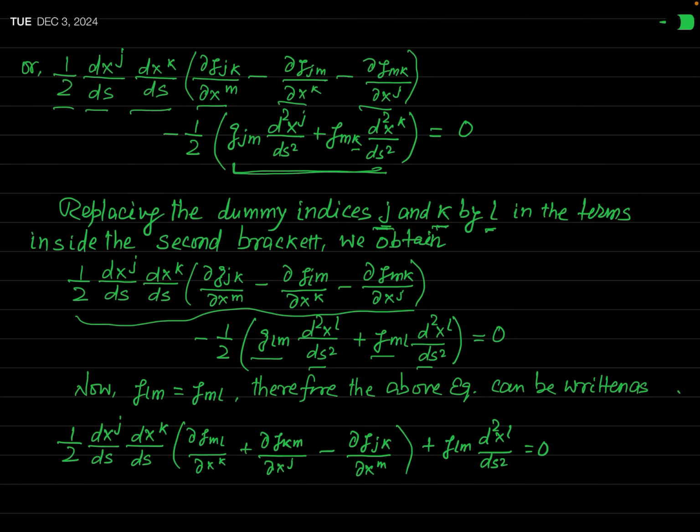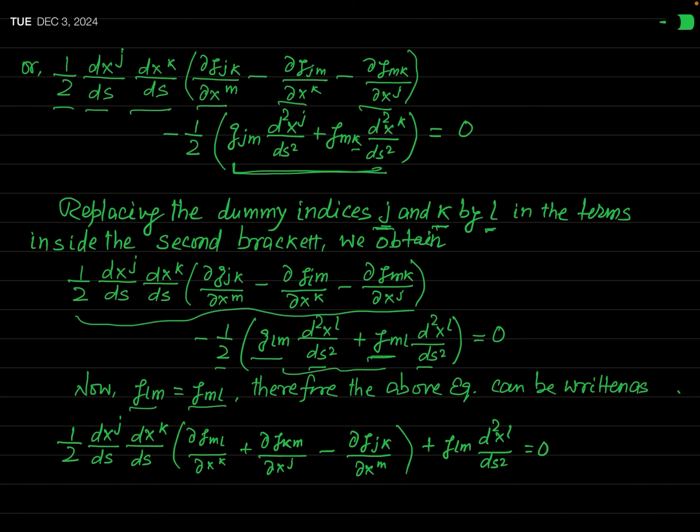But you know, the metric tensor g_lm is a symmetric tensor. So utilizing its symmetric property, you can say that g_lm is equal to g_ml. So instead of g_ml, now we will write g_lm. And so the sum of these two terms will be 2 g_lm times d²x^l/ds².